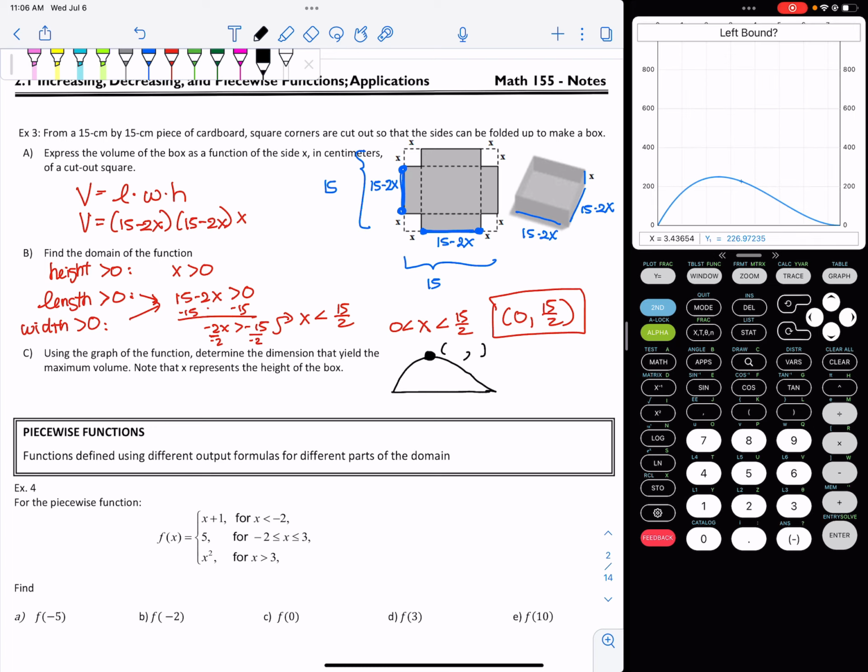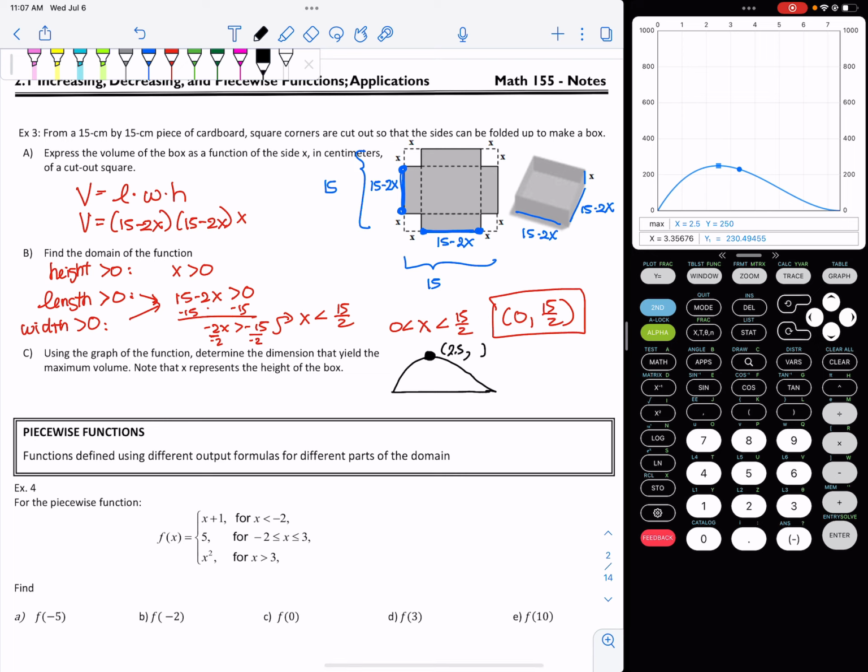We're going to go on the left side of the maximum, press enter, and then go to the right side of the maximum. Press enter and then enter one more time, and the calculator will tell us the location at that point, 2.5 comma 250.